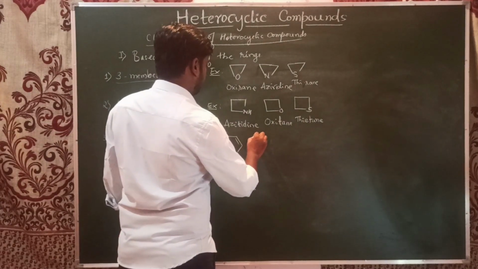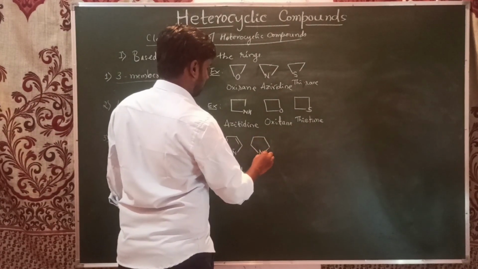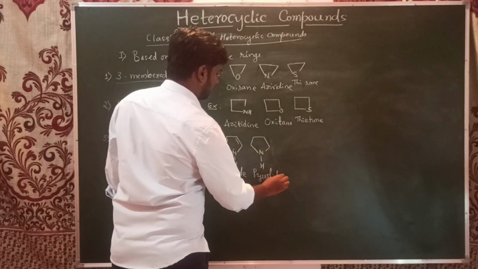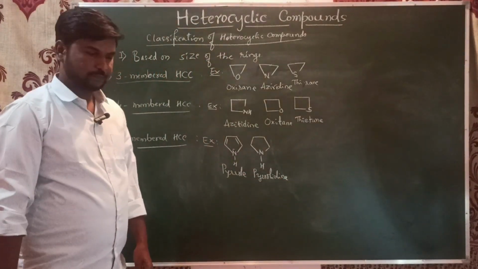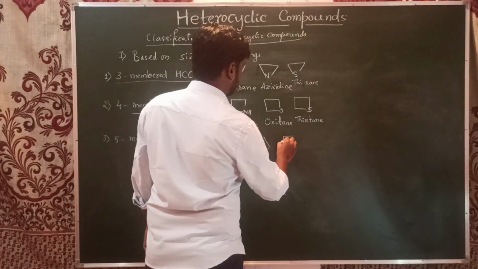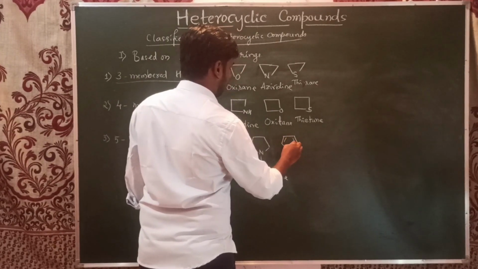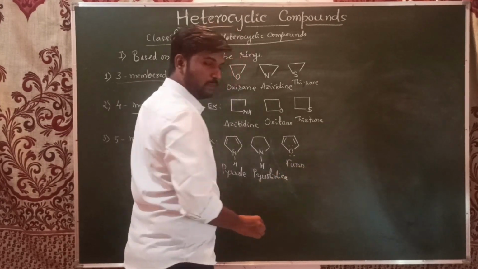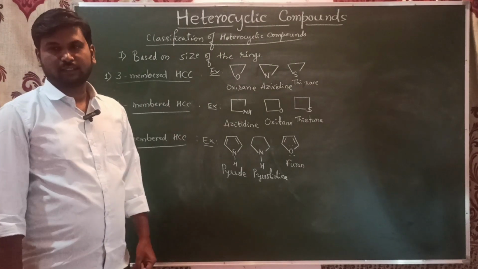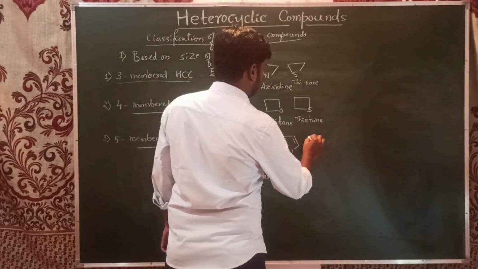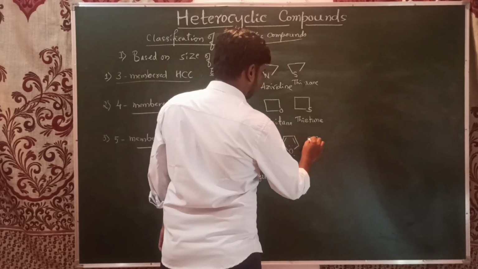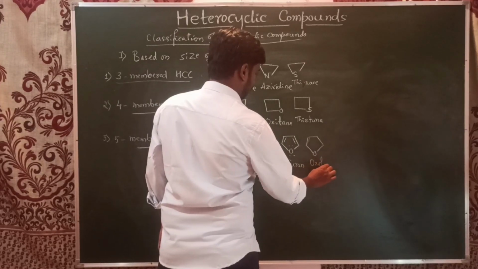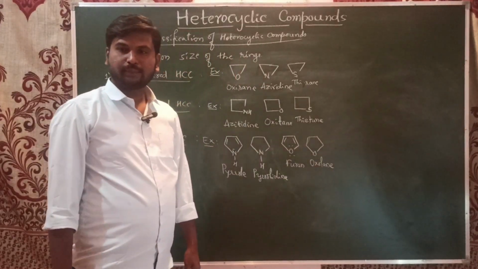And its aliphatic version, this one, is pyrrolidine. And with oxygen, this one is known as furan. This is also a very important compound we are discussing in this chapter. And its aliphatic version is oxolane.